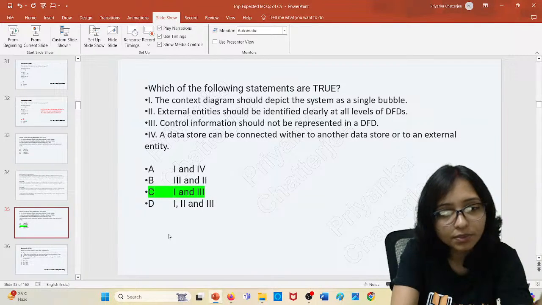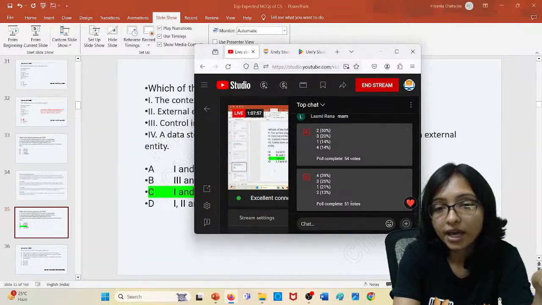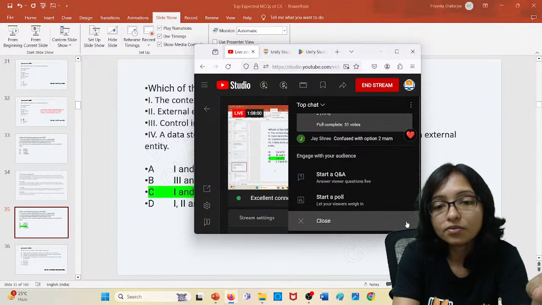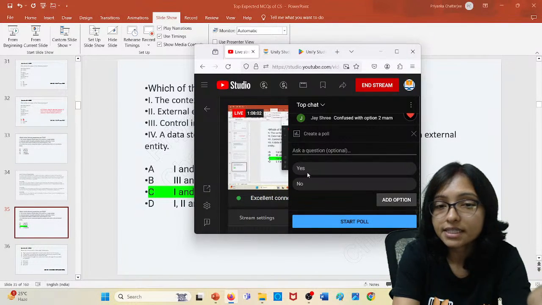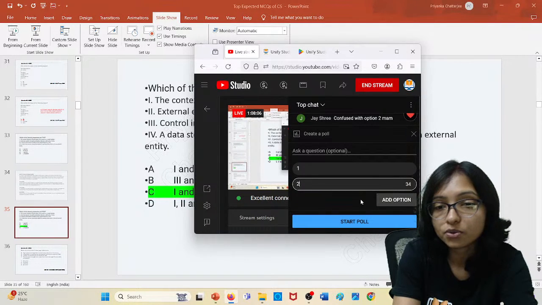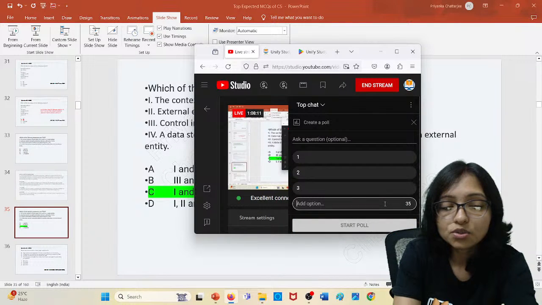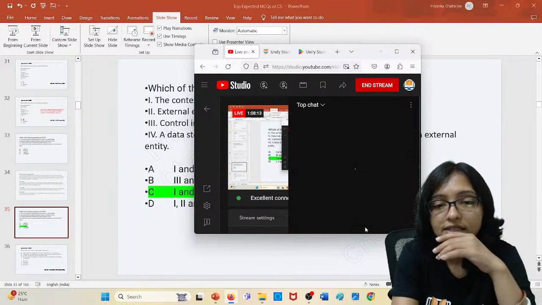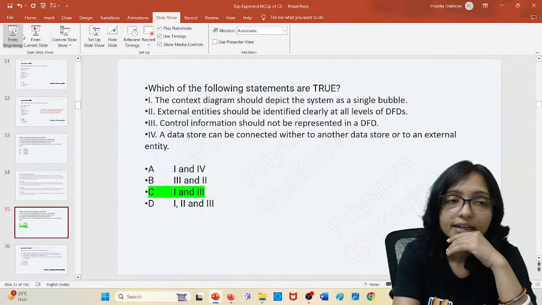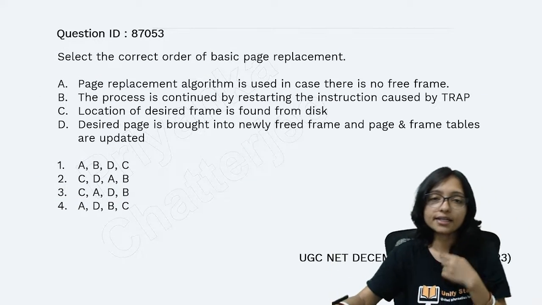DFD means data flow diagram. It is focusing on the internal data flow. It's not focusing on the external entities. That's why the option where external entities are there is wrong. Okay, so option 1 and option 3 is the correct answer.